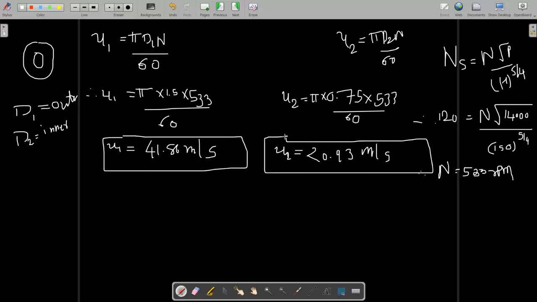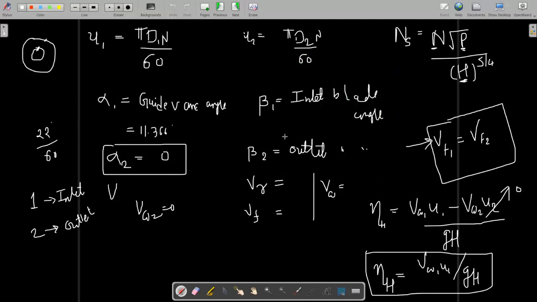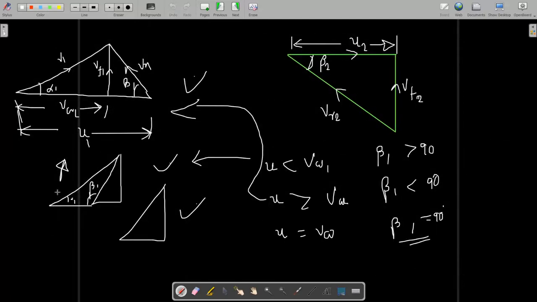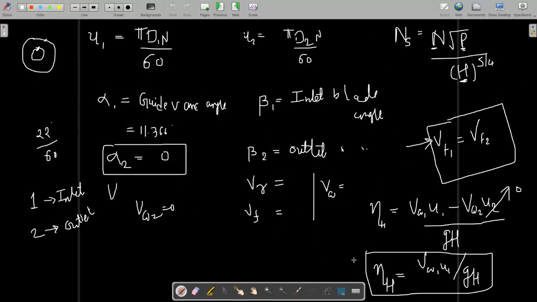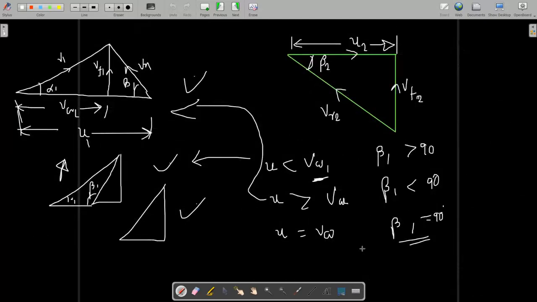Now we have to find the angles beta 2 and alpha. Before that we have to find the U1 and Vw, as I already discussed. We have found U first, now Vw1. The relation between U and Vw1 will define our inlet velocity triangle. From where we can find it, that is the hydraulic efficiency equation that is given to us.